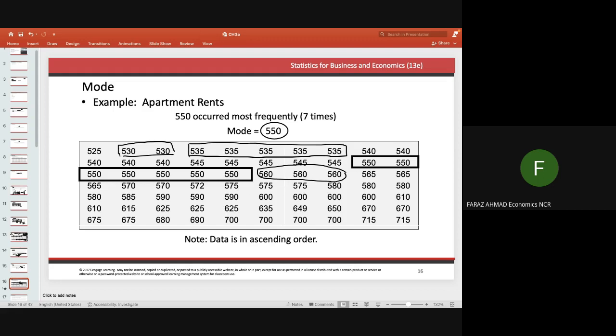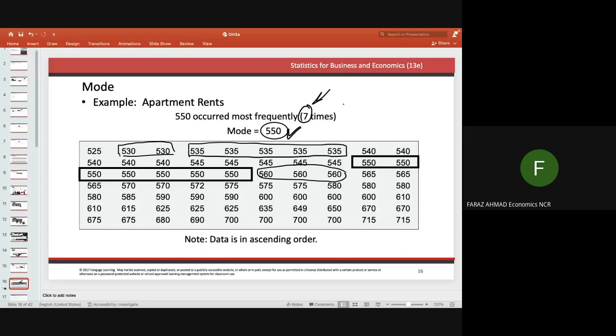So you can see that 550 is the number which is occurring the highest number of times, 7 times. There is no other number which is occurring 7 times in the data. So mode is 550, right?